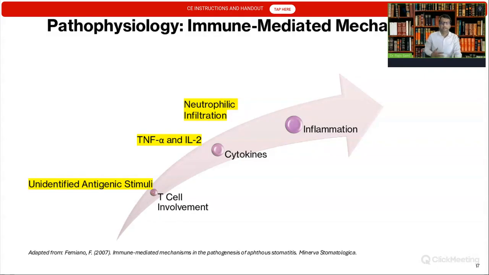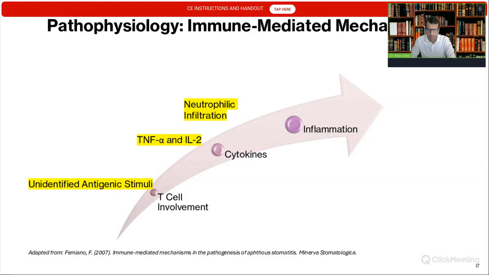Now let's understand the pathophysiology: how aphthous ulcers occur, what actually happens, and what the key mechanisms are inside the body. Recurrent aphthous stomatitis pathogenesis involves a cell-mediated immune response in the oral mucosa, and inflammatory cytokines play a major role.